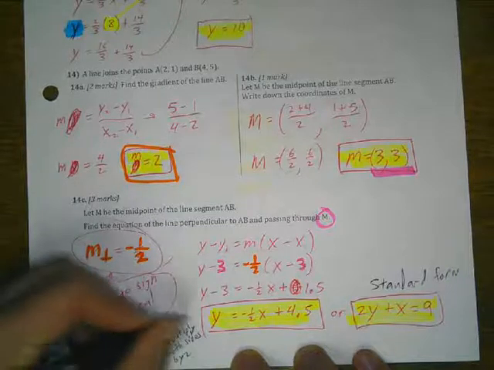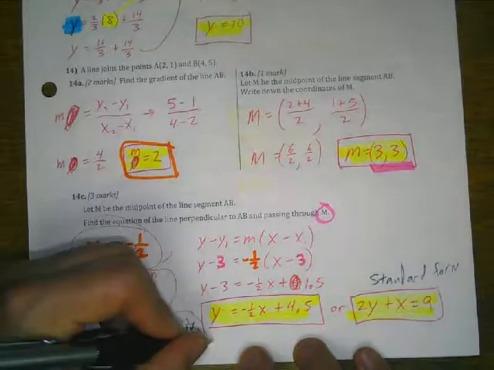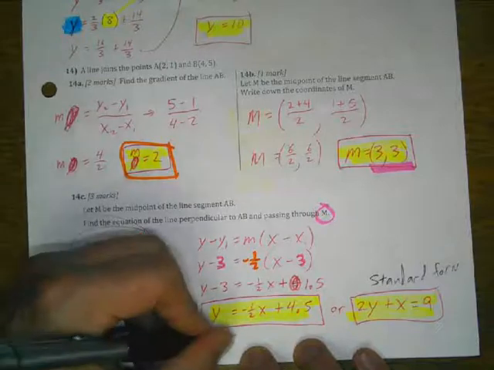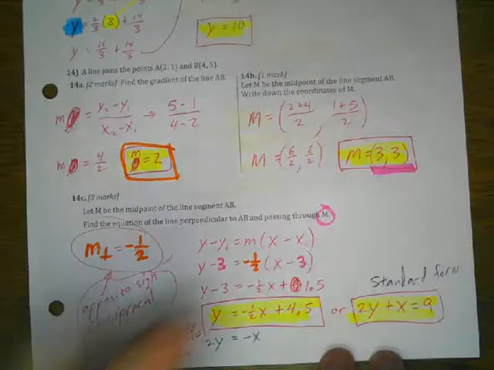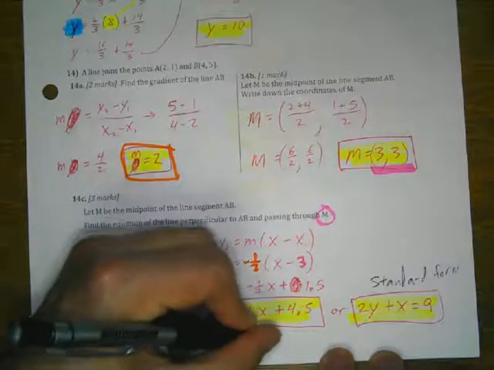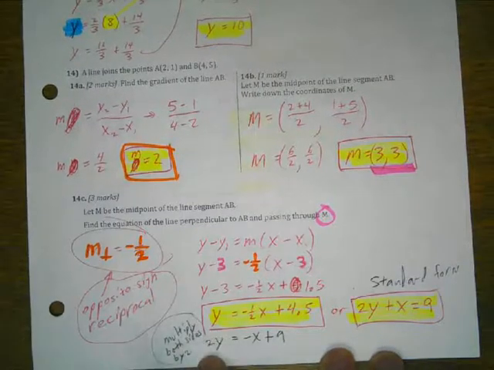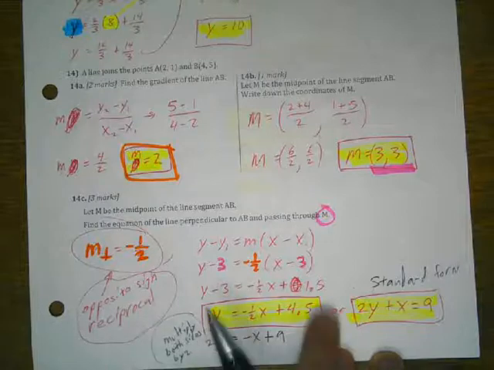If I multiply both sides by 2, I end up with 2y equals -x, and 4.5 times 2 is going to give me +9. So this is the same equation you see here, but I multiplied everything by 2.